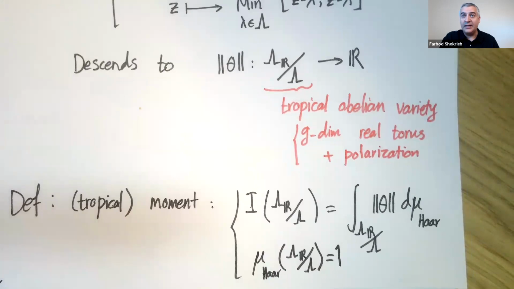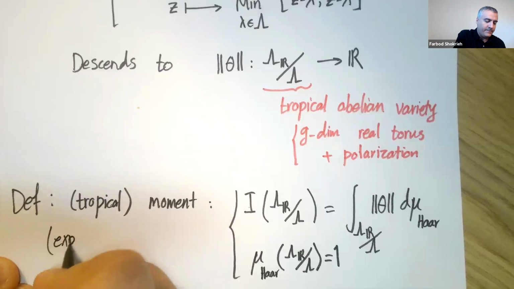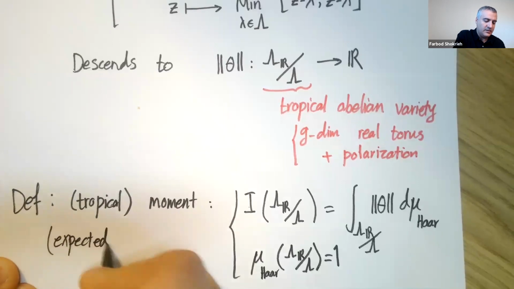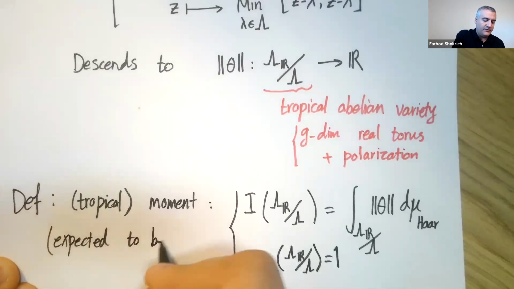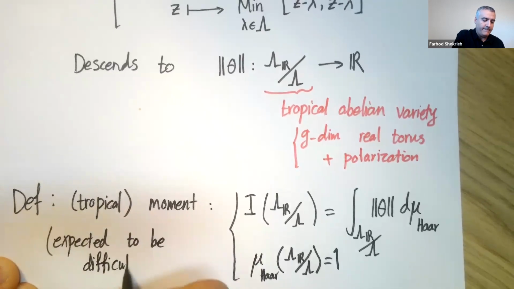As such, it's been actually studied extensively in other fields. Conway and Sloane have this beautiful book on sphere packing. They have an entire chapter computing these moments for root lattices. And in each case, they work quite hard. Let me just say, these are expected to be difficult to compute.